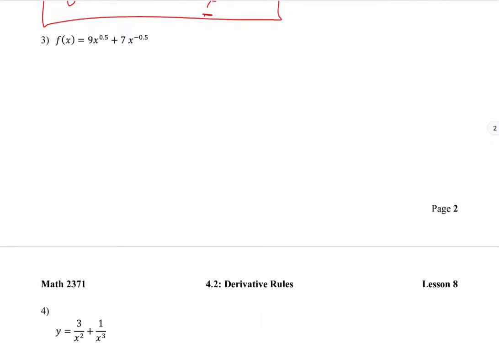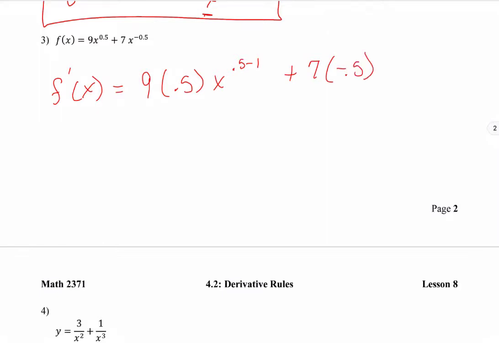Now, let's go on to the next one. F prime of x equals 9 times 0.5 x to the 0.5 minus 1 plus 7 times negative 0.5 x to the negative 0.5 minus 1.